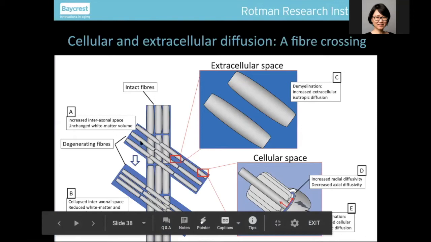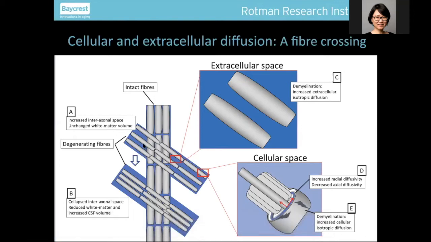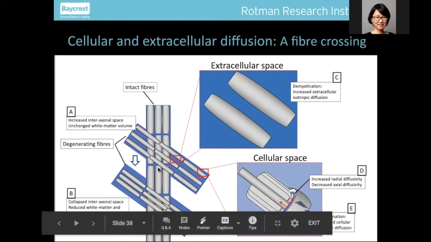One is a scenario in which there is no apparent white matter volume reduction, but there is an increased interaxonal space. So this is increased extracellular space that fills with water. This is part of demyelination, because then the fibers shrink, or the spacing in between the myelin sheaths increases.